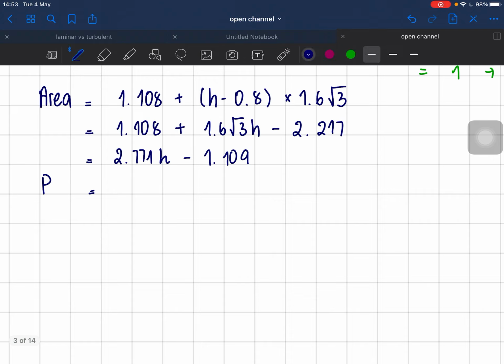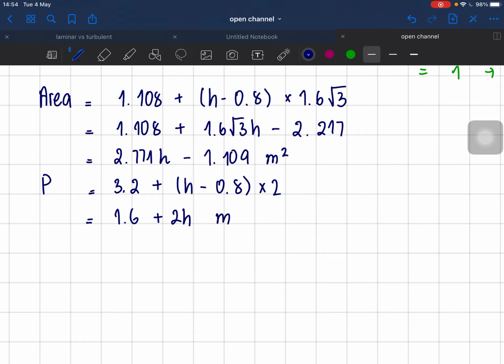So the previous one is this one, and then we add 0.8 h minus 0.8 meter. Okay, I want to have another line. 2.4 plus h meter, times 2, so it's supposed to be 1.6 plus 2h.